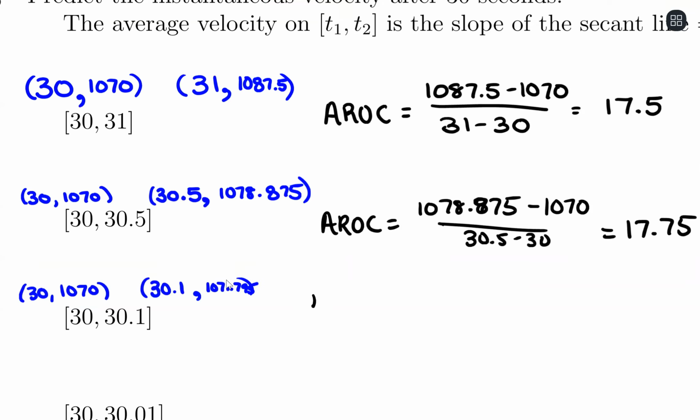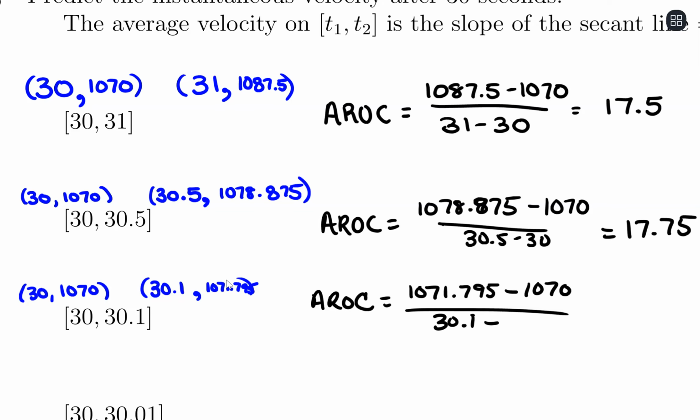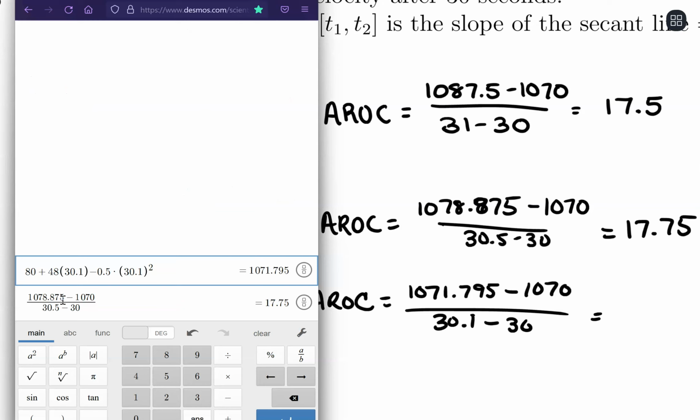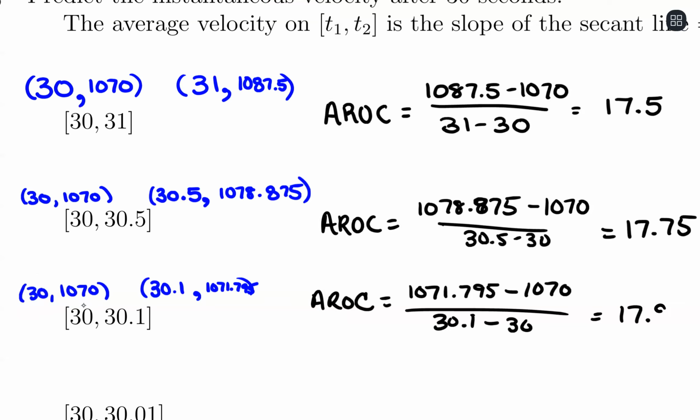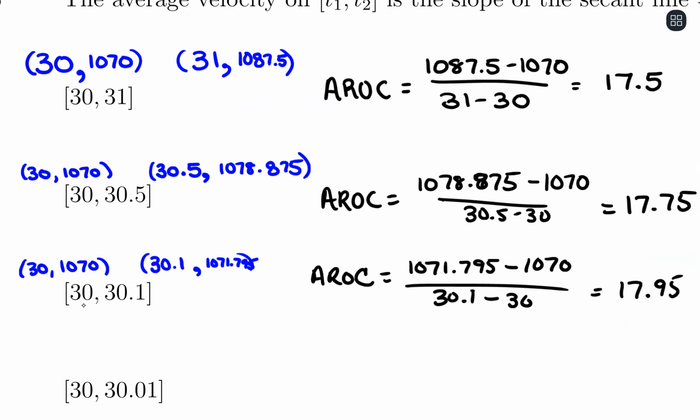Finding the average rate of change between those two points, we have 1071.795 minus 1070 all over 30.1 minus 30. That gives 17.95. So it increased a little bit more there. You can see our average rate of change is getting a little bit steeper each time as we're closing in closer and closer to 30.